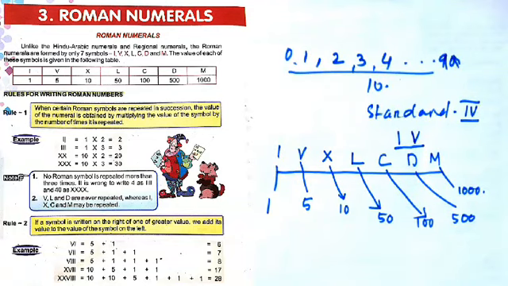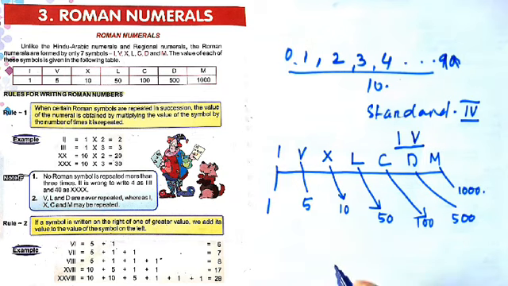Now we discuss some rules for writing Roman numbers. You see, the first rule: when certain Roman symbols are repeated in succession, the value of the numeral is obtained by multiplying the value of the symbol by the number of times it is repeated.